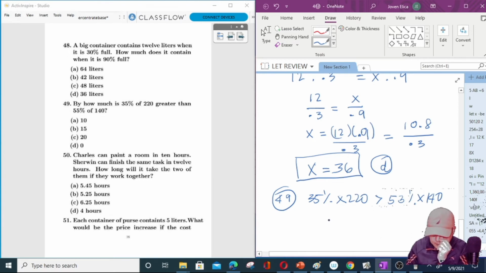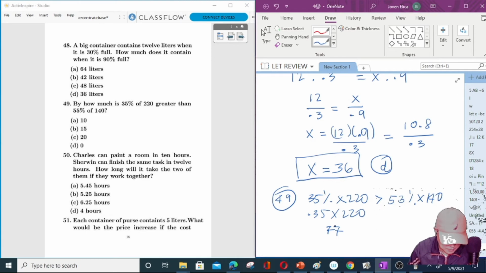So if you get 0.35 multiplied by 220, this is 77. 220 multiplied by 0.35 or 35% is 77. Greater than, how much greater than? So how big is the 35% of 220 compared to 55% of 140?